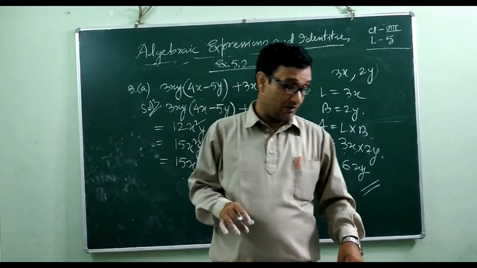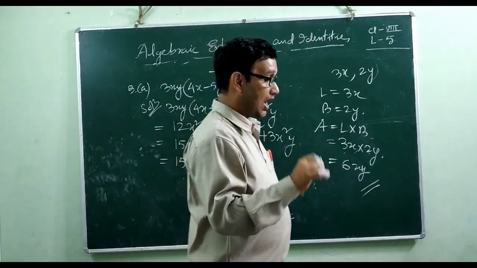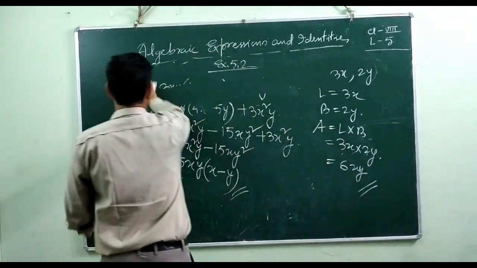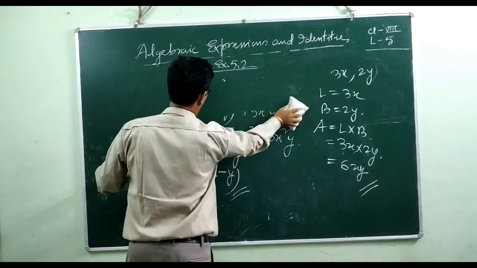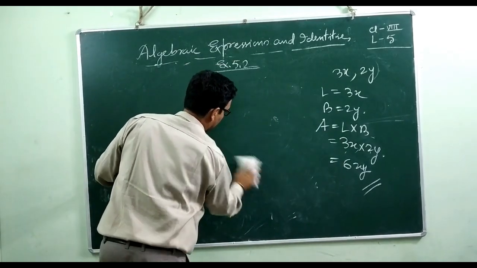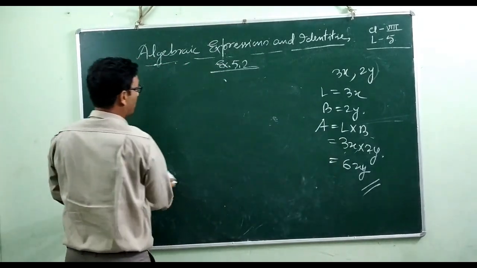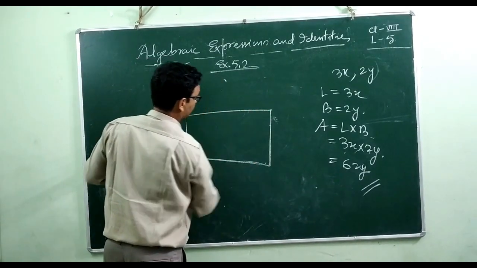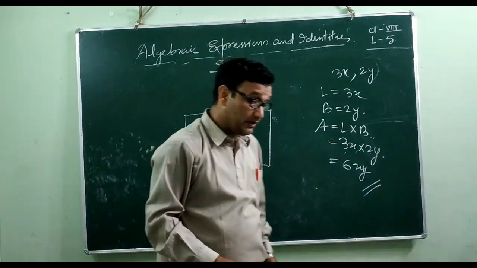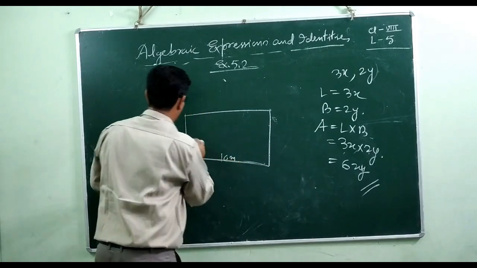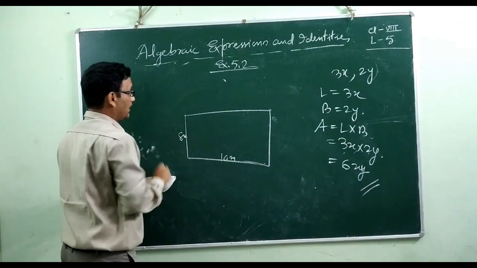Then question number 7 is a very interesting question. I'll just give you hints, and you will be able to solve it yourself. Here you see one rectangular garden is given. All of you know the area of a rectangle is length into breadth. Suppose this is your rectangular garden. Here the length is 10 meters and the breadth is 8 meters.